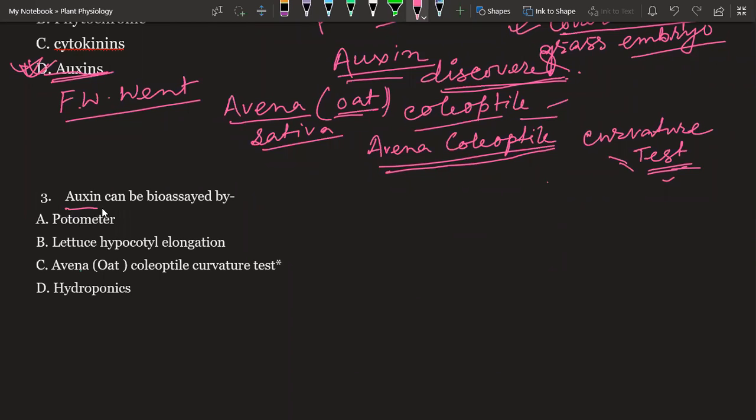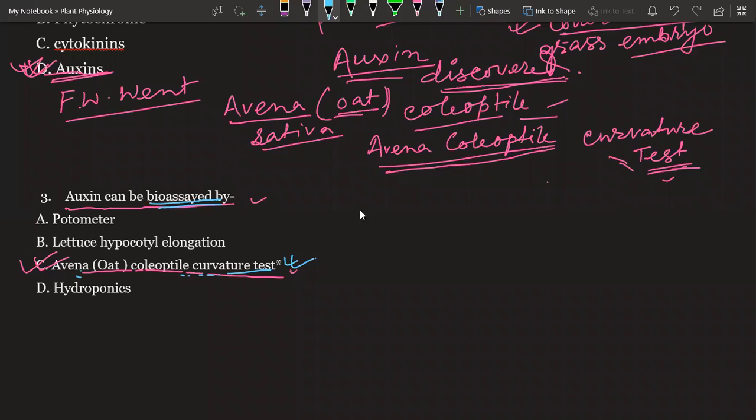Auxin can be bioassayed by this Avena coleoptile curvature test. What is bioassay?